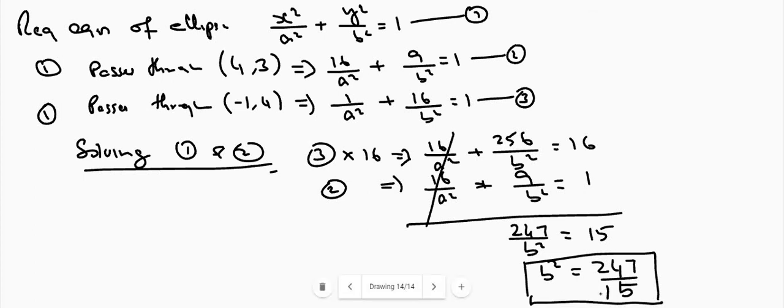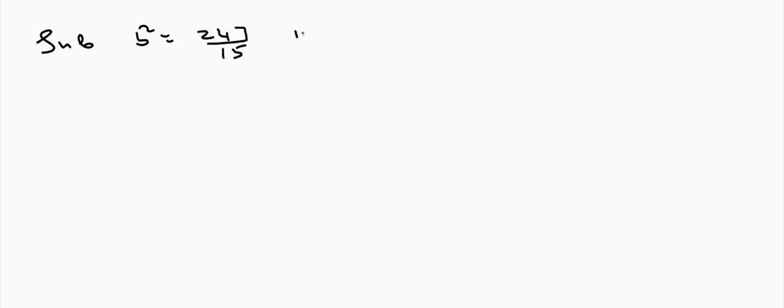Substituting b square equal to 247 by 15 in equation 2 or 3, we get a square equal to 247 by 7.